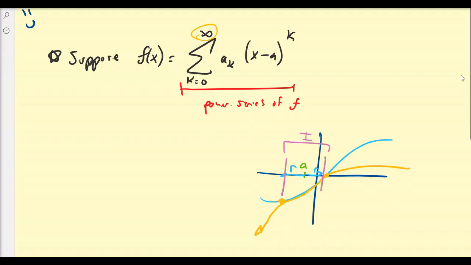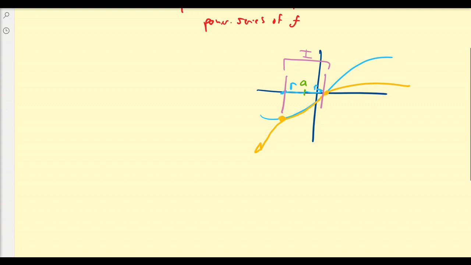So now let us look at algebraically how to find what the radius and interval of convergence are.